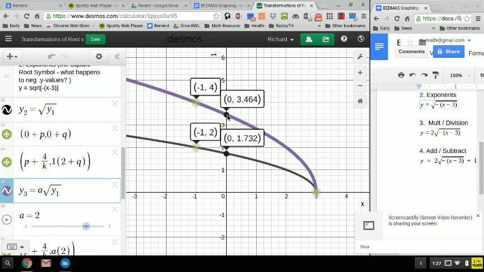And then check this: it's showing a y value of 2, and then I have a y value up here of 4. That's double. So it looks as though the y values on the purple line are exactly double the y values on the black curve. So that is an a value of 2 right here.